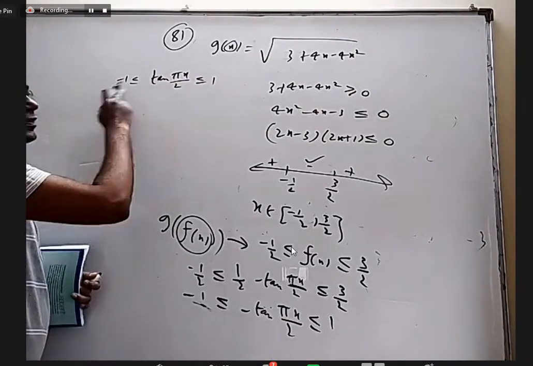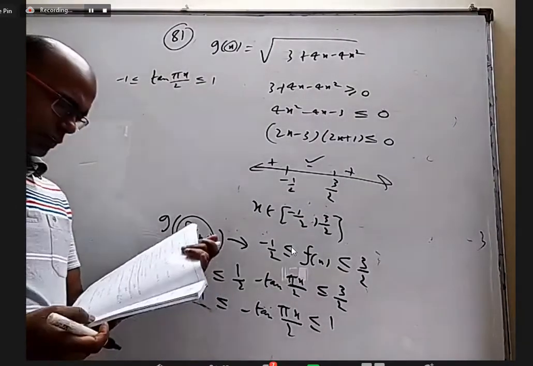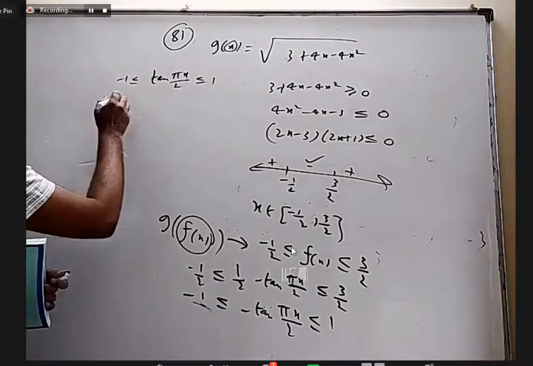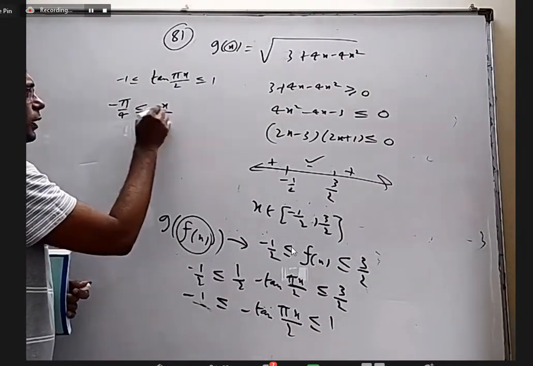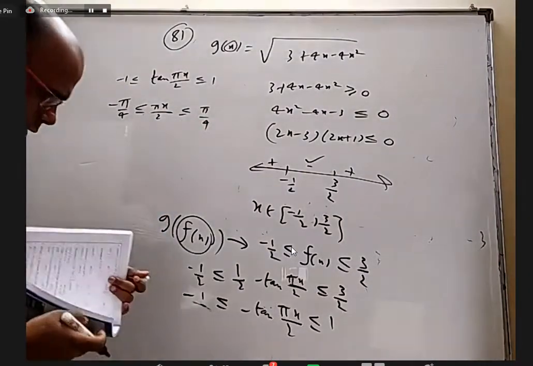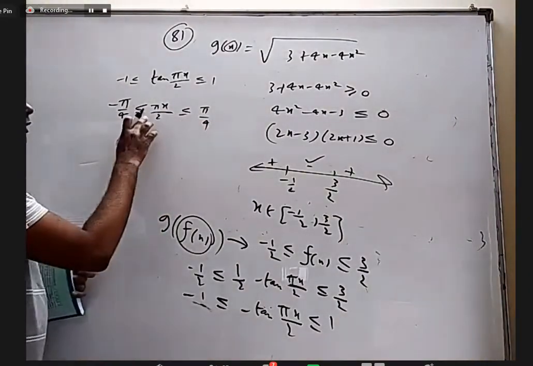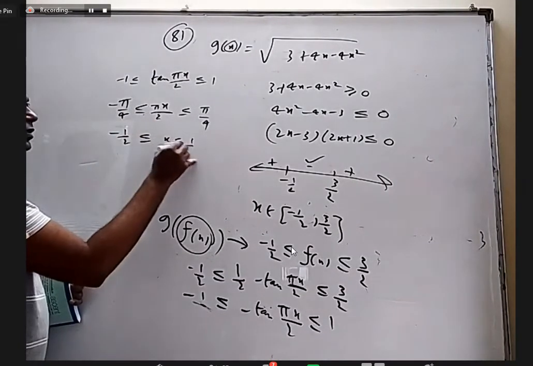Tan of something is between minus 1 to 1 when the inner part is between minus 45 degrees to plus 45 degrees. So minus pi by 4 less than or equal to pi x by 2 less than or equal to pi by 4. Now I can remove this whole thing. I'll get minus 1 by 2 less than or equal to x less than or equal to 1 by 2.